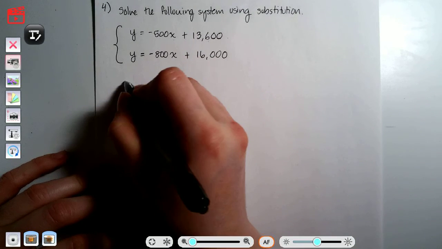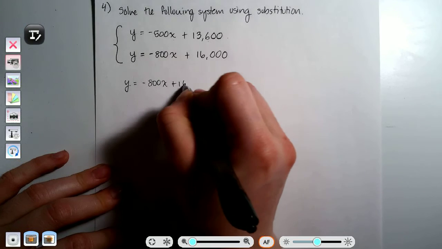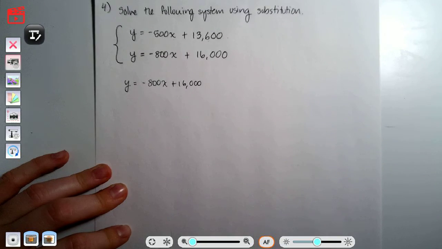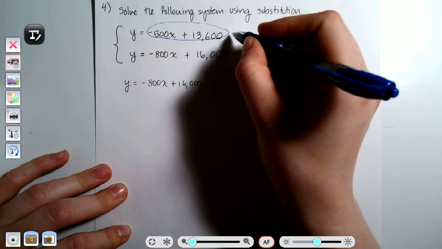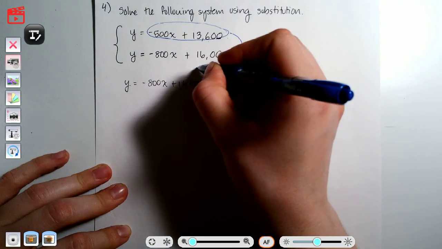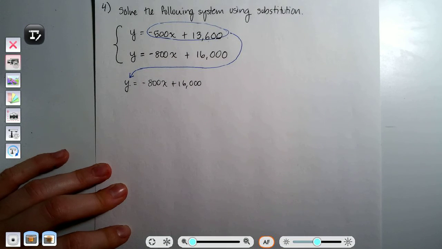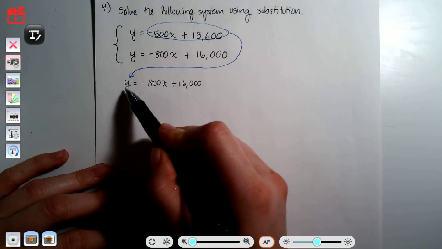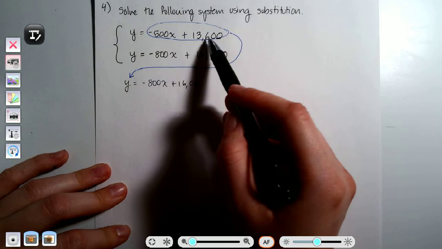So let me rewrite the second equation. And we're going to sub this one in for y. Okay, so I said that I'm going to replace y with -500x plus 13,600.